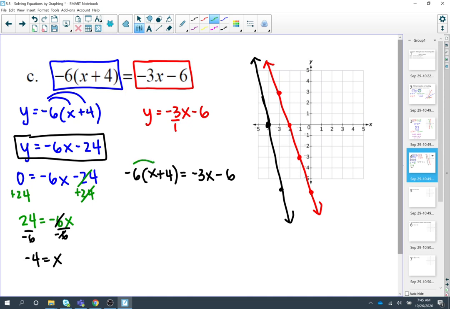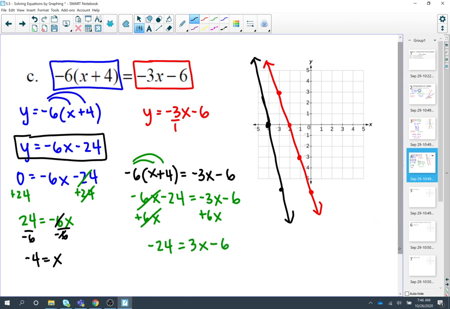So distribute: -6x minus 24 equals -3x minus 6. Add 6x, which will give us -24 equals 3x minus 6.